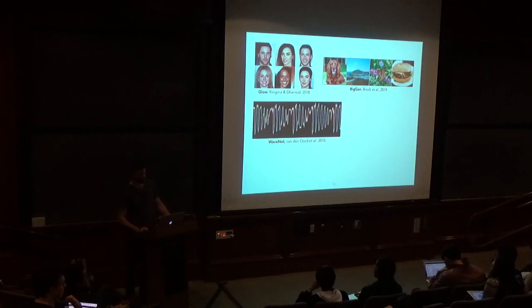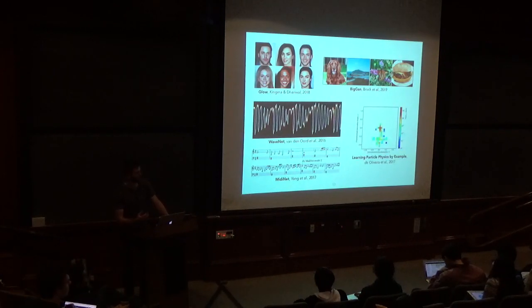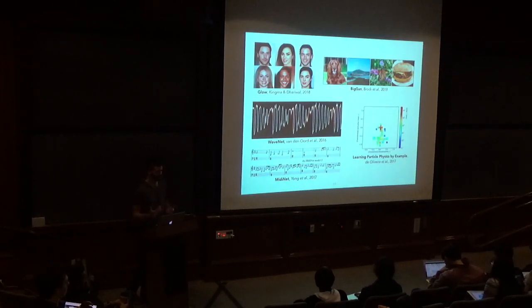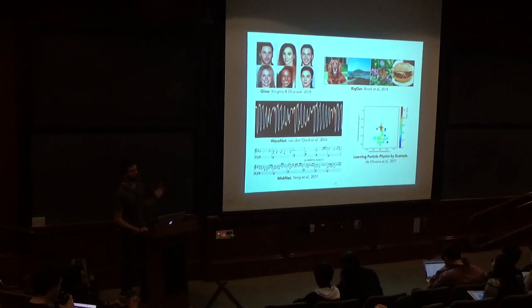Similarly, you can automatically generate music. And there's been even experiments showing you can simulate particle physics experiments using deep generative models. So there's really a large range of things you can do when you're simulating this data.